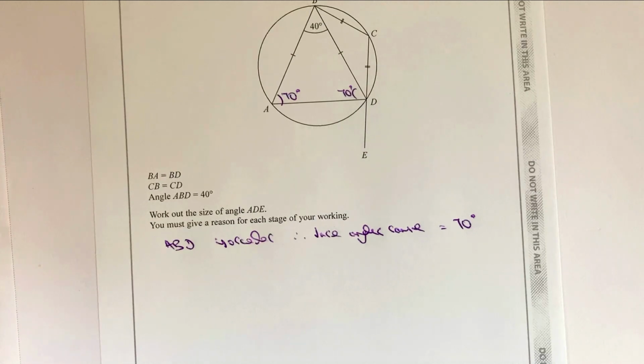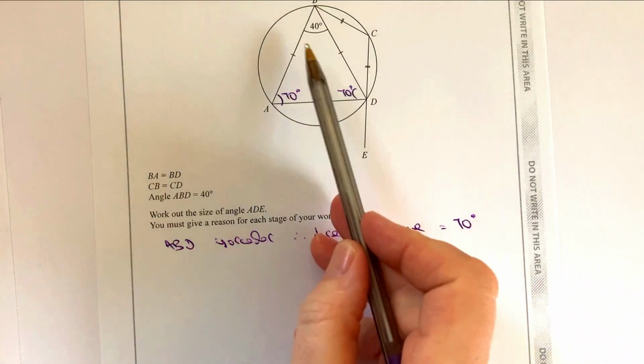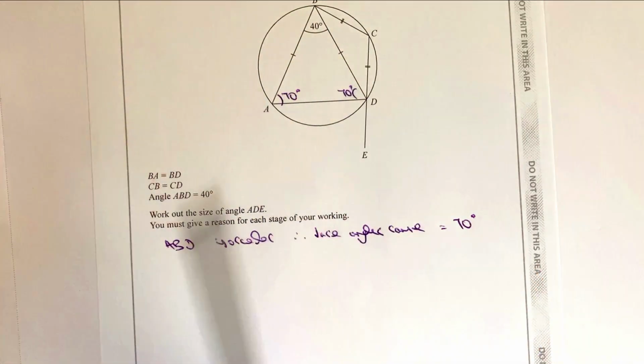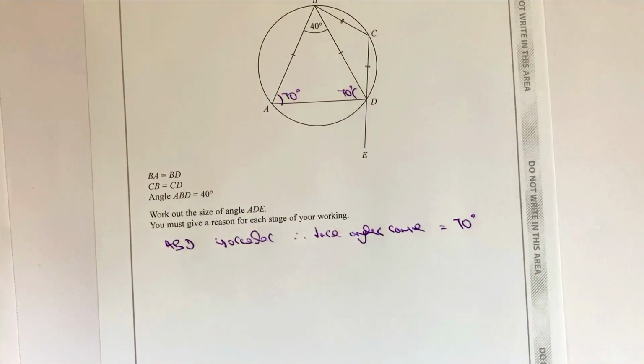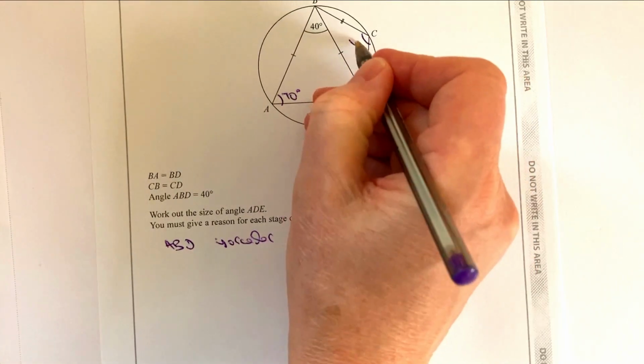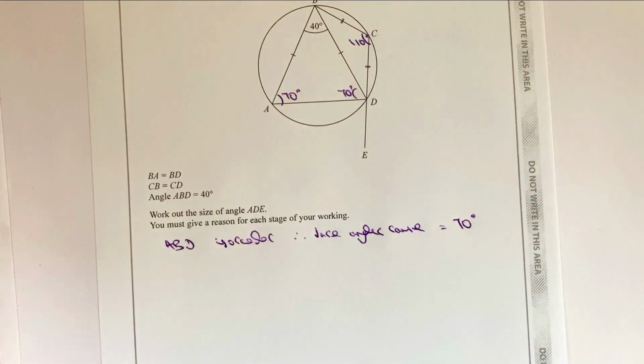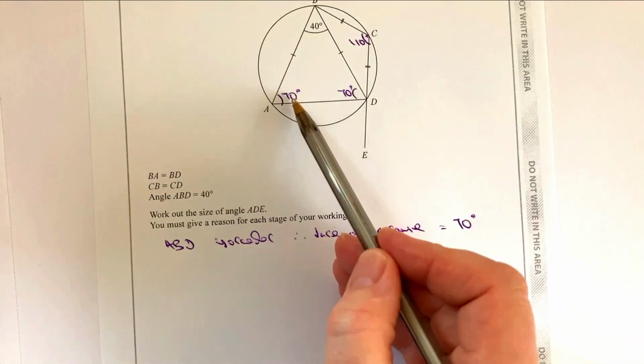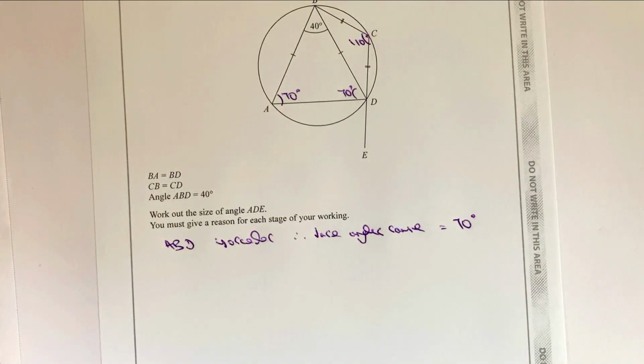The next thing is that we know that ABCD is a cyclic quadrilateral, so therefore this angle over here must be equal to 110 degrees. The reason is that opposite angles in a cyclic quadrilateral add up to 180.